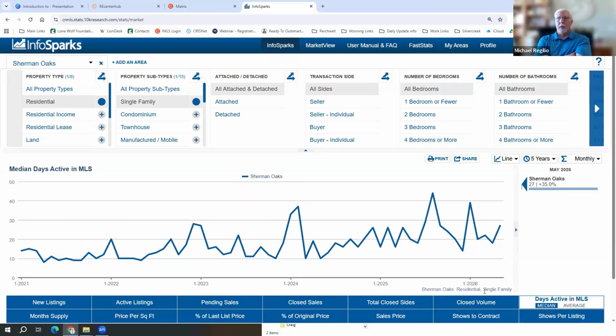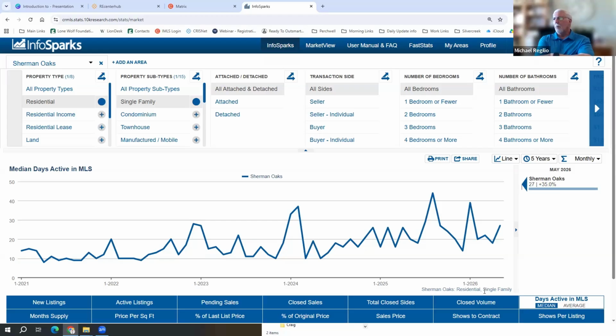Days active in the MLS. This is one that is super important, because there's a whole thing in the industry right now that days on market is a number that can be a good thing or a bad thing, right? If it's a higher days on market, then the property is having an issue.